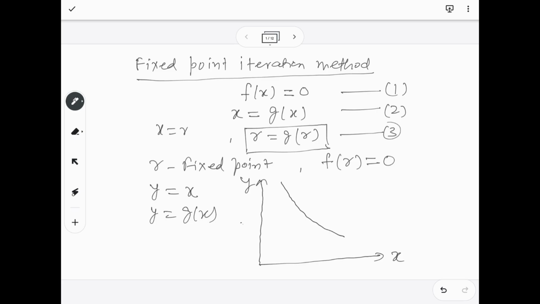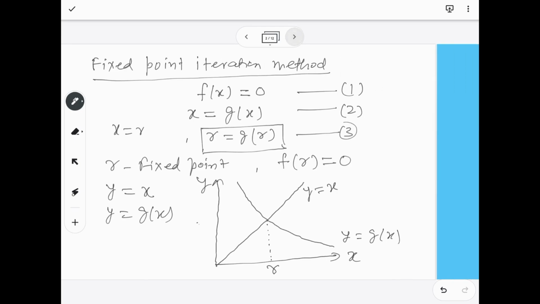This is the curve y equal to g, and there is another curve, that is a straight line passing through the origin, y equal to x. Where these two curves intersect, that is the root of the function.